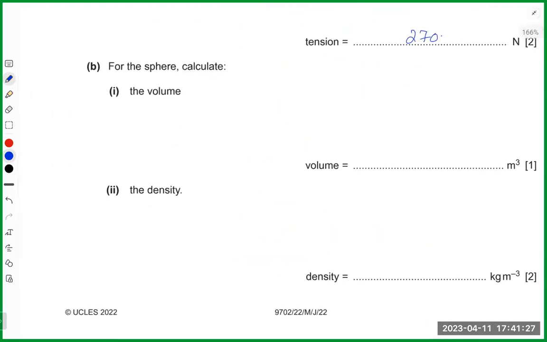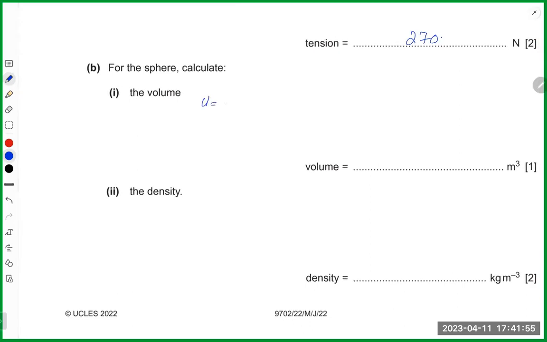For the sphere, calculate the volume. Now, if you know upthrust and you know the formula for upthrust, which is volume times density of the fluid times g.